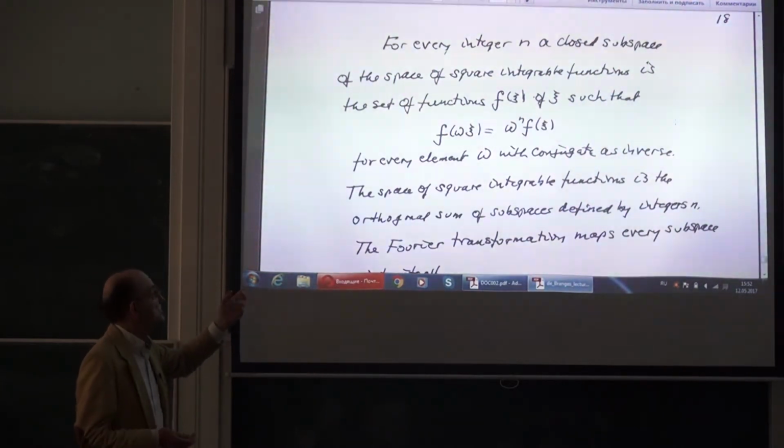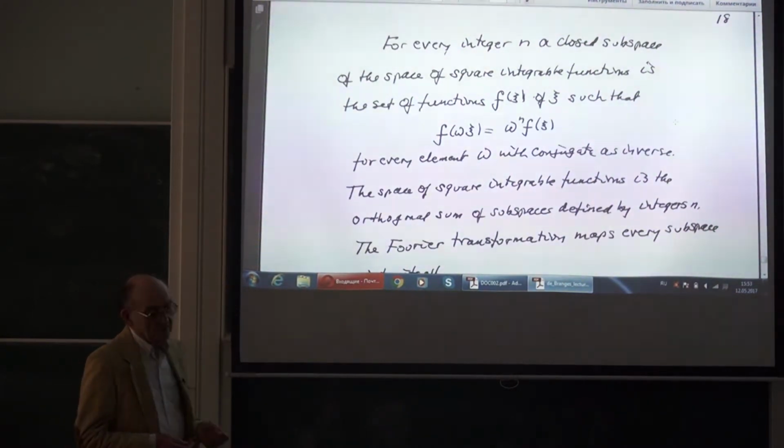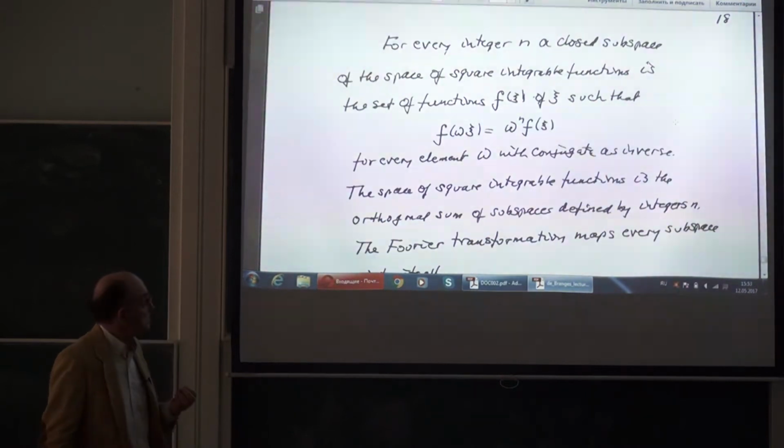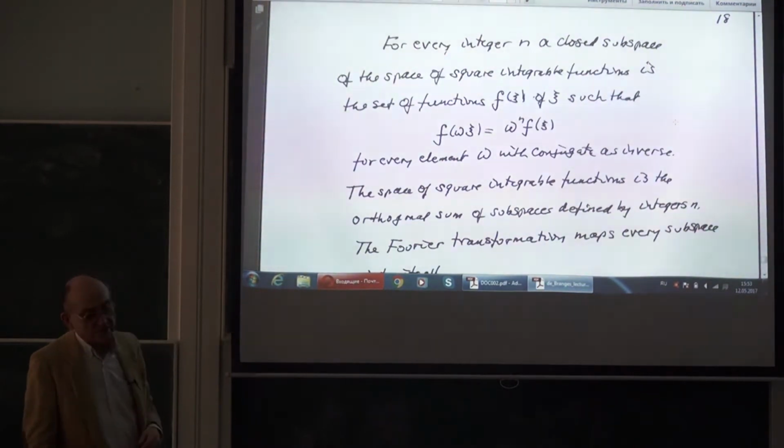In other words, it belongs to the circle, or its conjugate is equal to its inverse. And when you act on the argument xi, it multiplies the value of the function by omega to the n. That's a character of the multiplicative group defined by n. So the space of square integrable functions is the orthogonal sum of subspaces defined by the integers n.